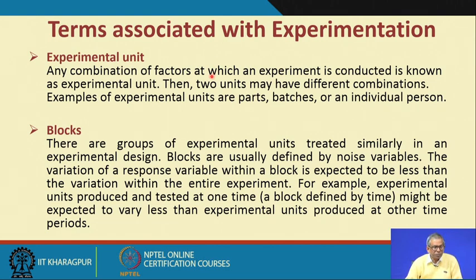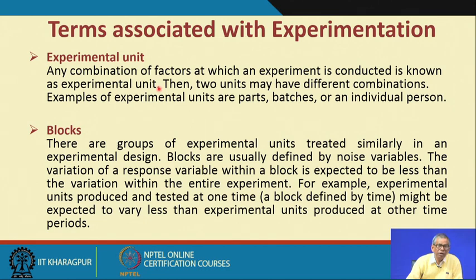Now, what is an experimental unit? This is an important term, so you must have a clear understanding of it. Any combination of factors at which an experiment is conducted is known as an experimental unit.